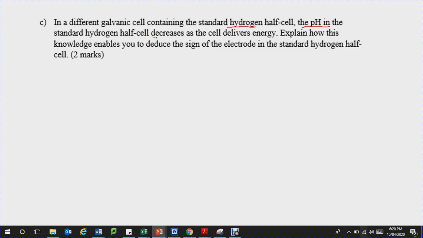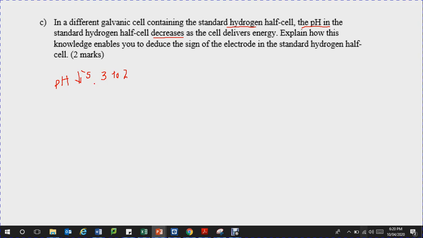Okay, C. In a different galvanic cell containing the standard hydrogen half cell, the pH in the standard hydrogen half cell decreases as the cell delivers energy. This is where a few people get confused. So the pH decreases, going from, say, 3 to 2. Some people read it as going from 2 to 4, but it's decreasing.